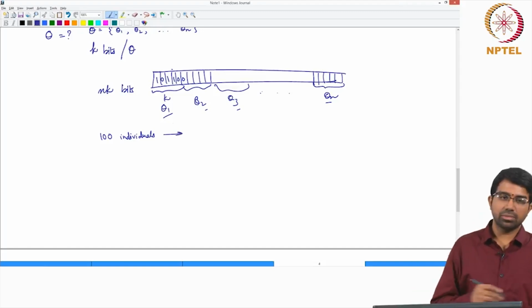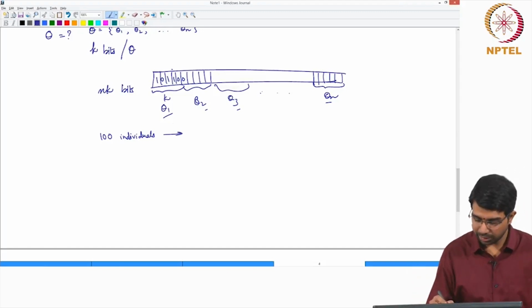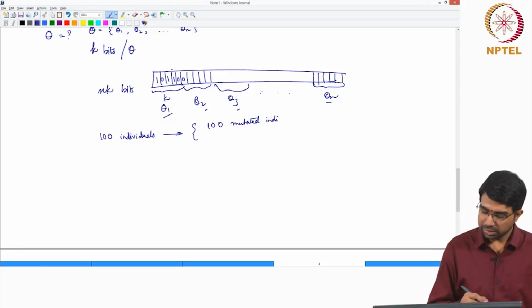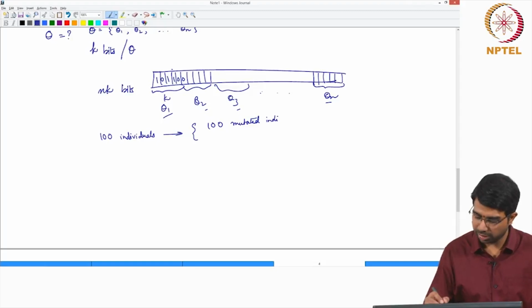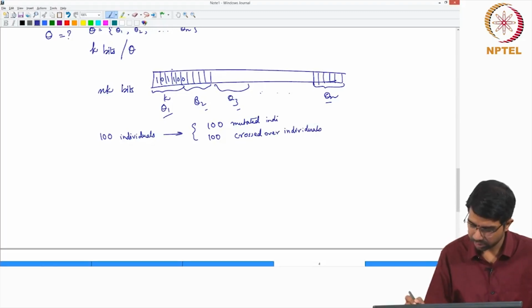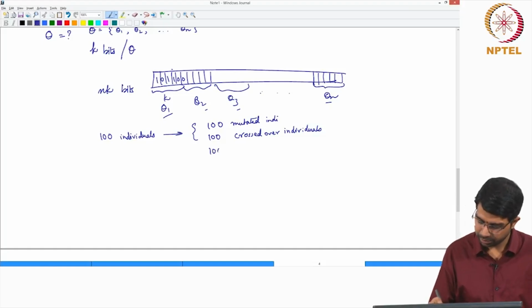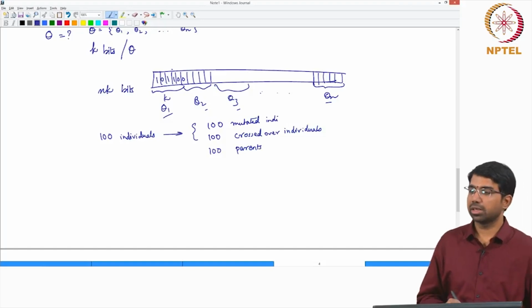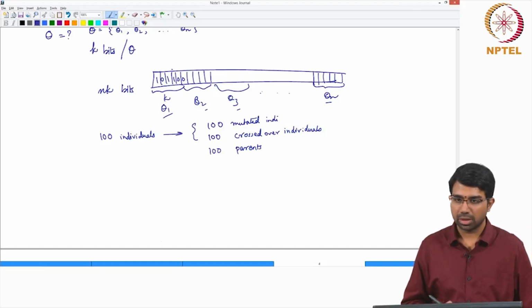I mutate them, do whatever I want, right, and in the middle I might have 100 mutated individuals, and I might cross them over and so on and produce another 100, and maybe I also have the 100 parents, right.